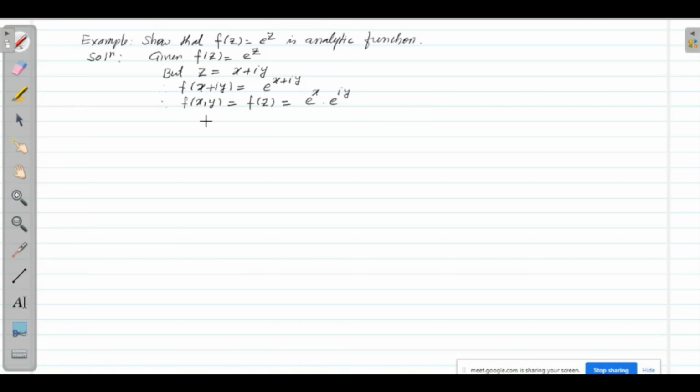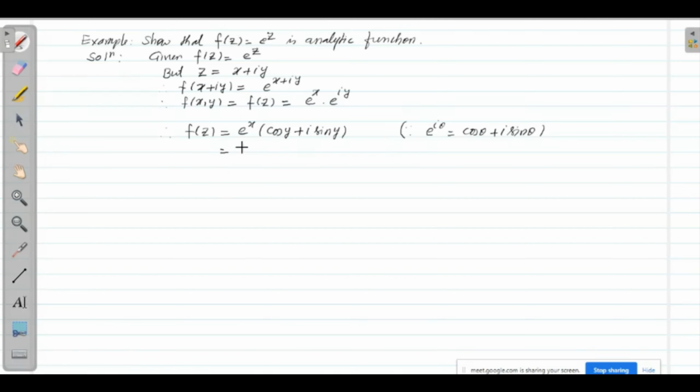Therefore we can write f of z equal to e raised to x, and e raised to i y can be written as cos y plus i sin y, since e raised to i theta is cos theta plus i sin theta. You remember this result.